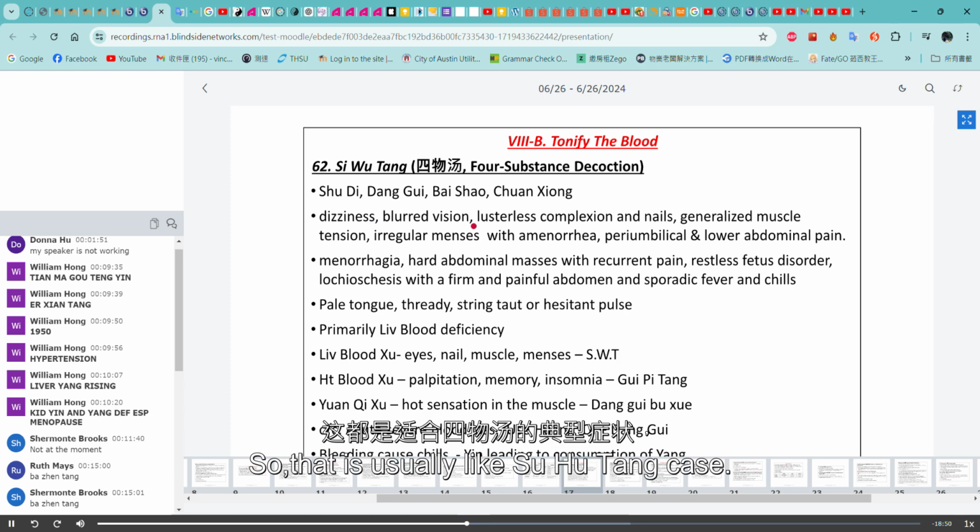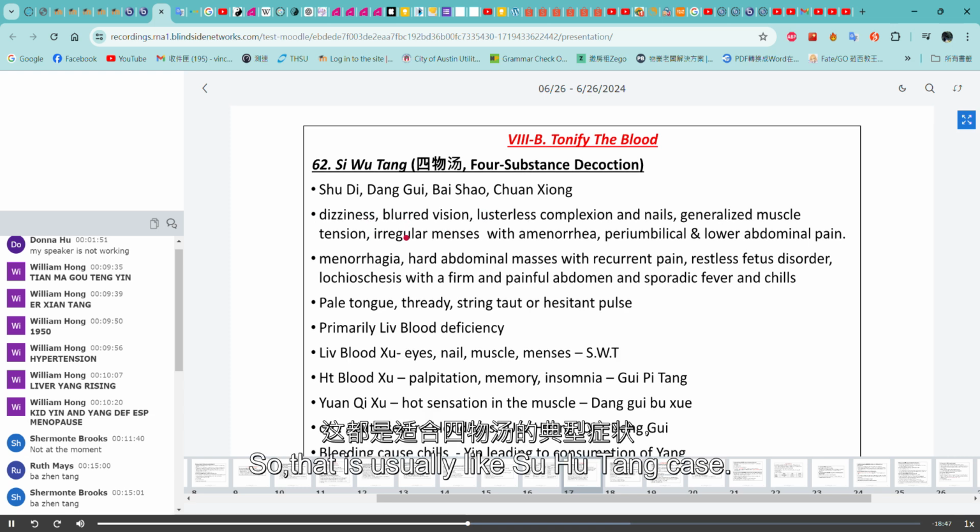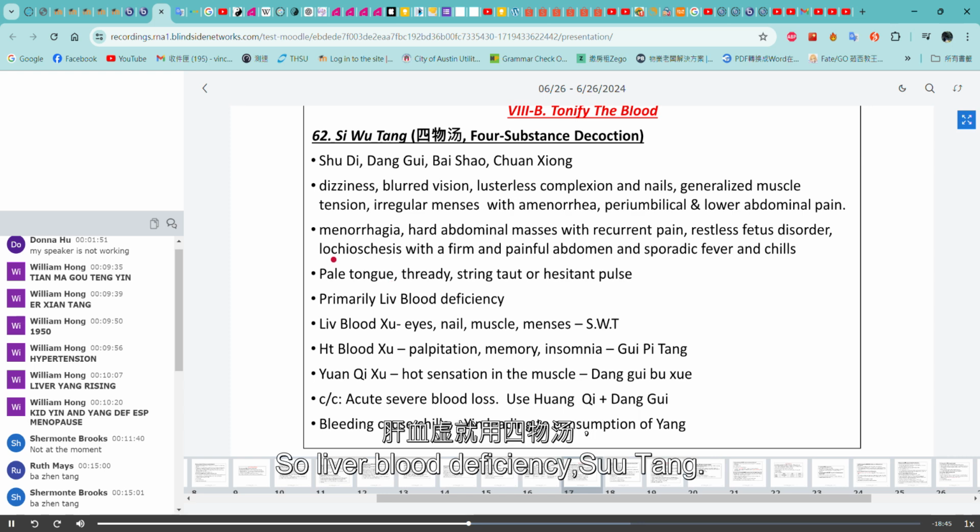That is usually a Si Wu Tang case. So liver blood deficiency, Si Wu Tang. Heart blood deficiency, Gui Pi Tang.